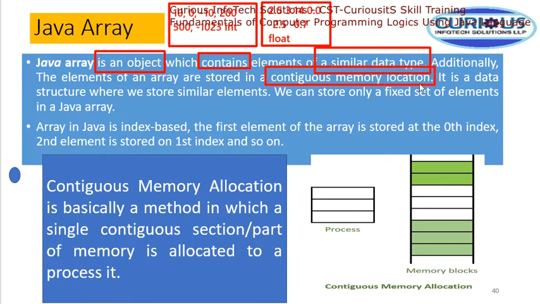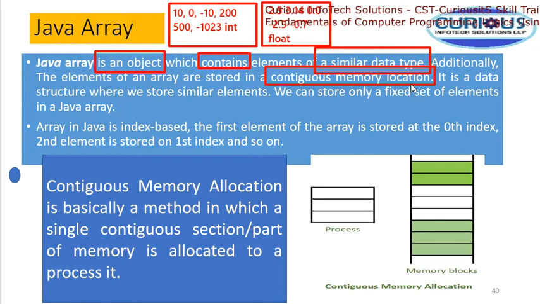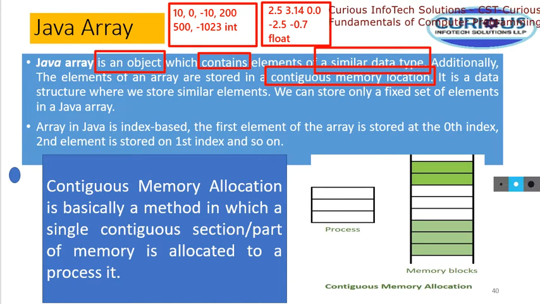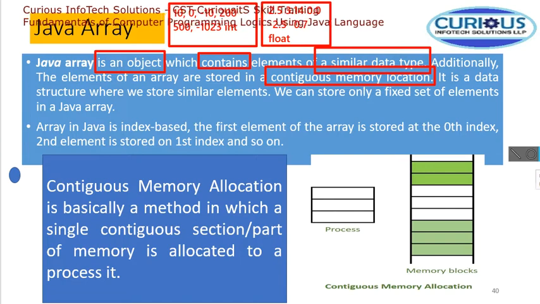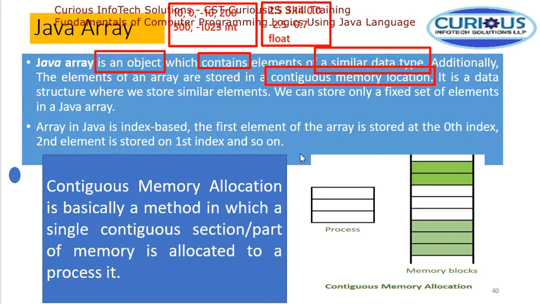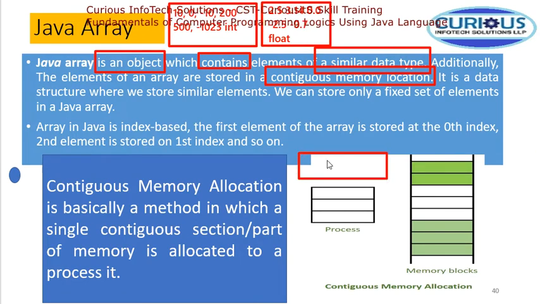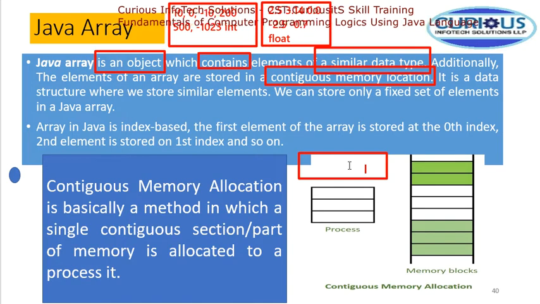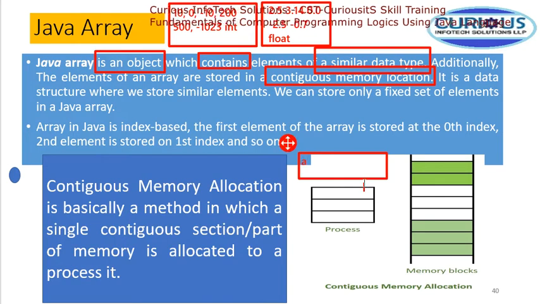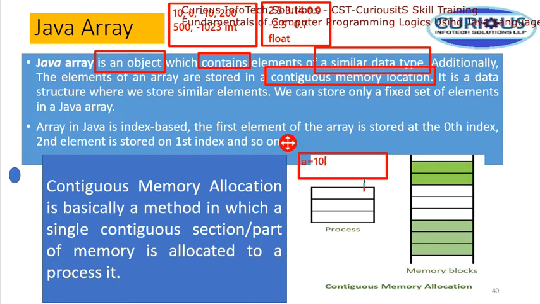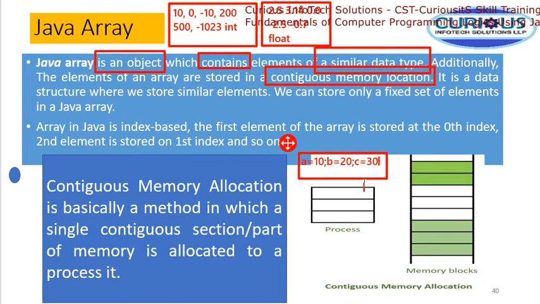So this is another important term that we have to understand: what is meant by contiguous memory location. How can we understand it? Let's say I have three values: A is equal to 10, B is equal to 20 and C is equal to 30.